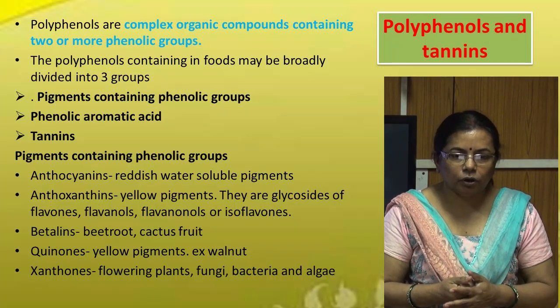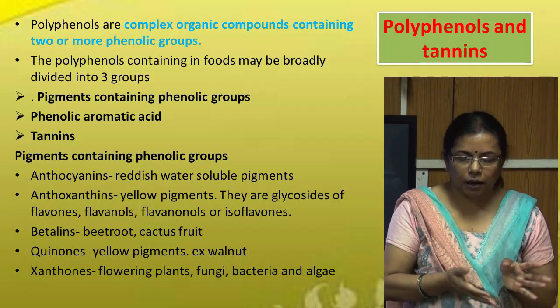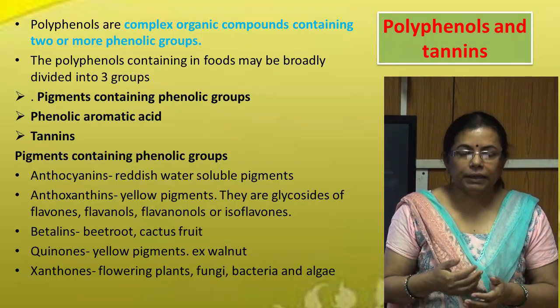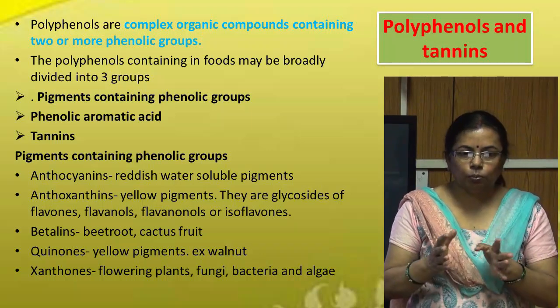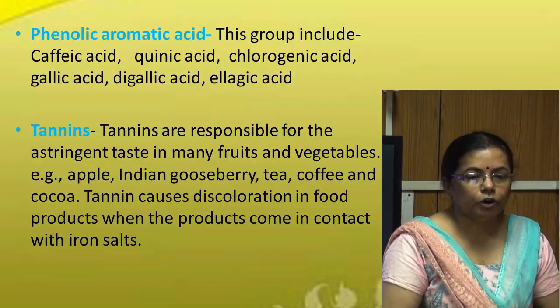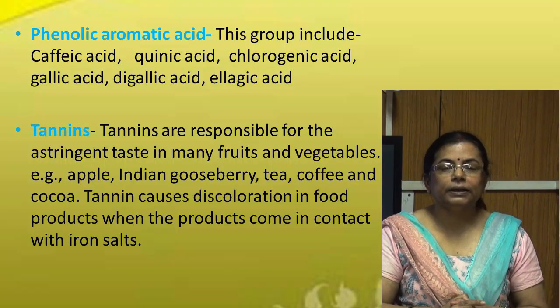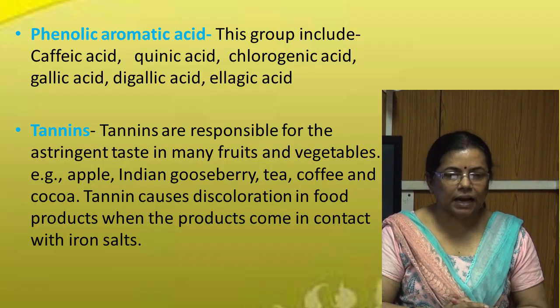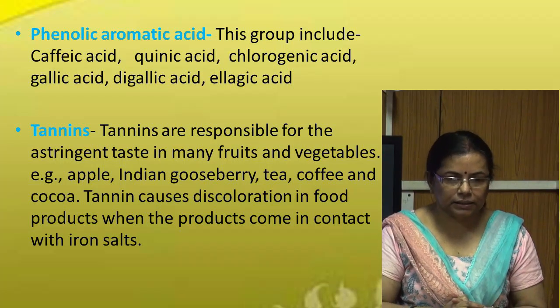Pigments containing phenolic groups, which we have already studied, are anthocyanin, anthoxanthins, betalains, and quinones. Yellow pigment of walnut is due to quinones and xanthones. Phenolic aromatic acids include caffeic acid, quinic acid, chlorogenic acid, gallic acid, digallic acid, and ellagic acid.